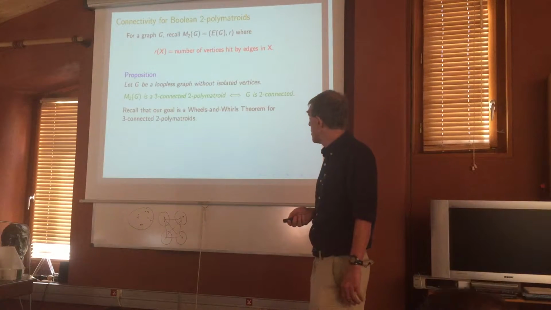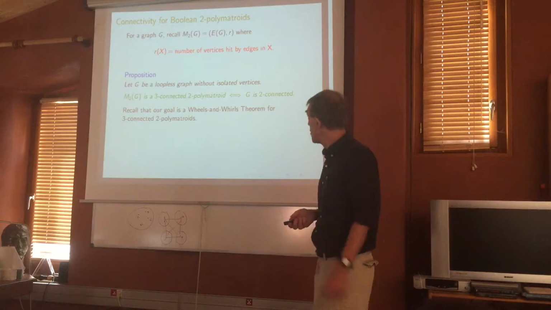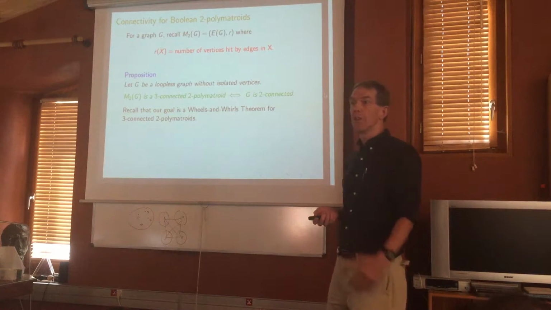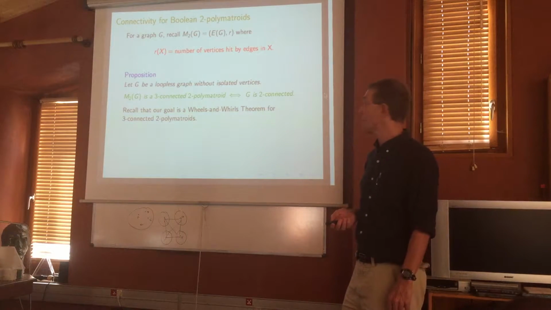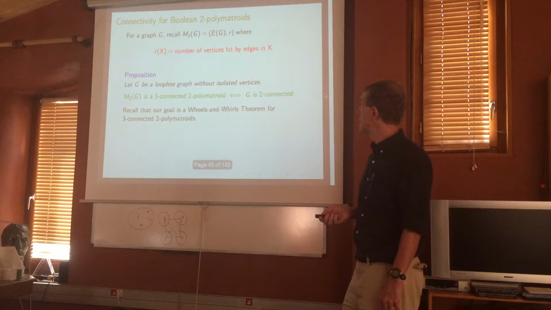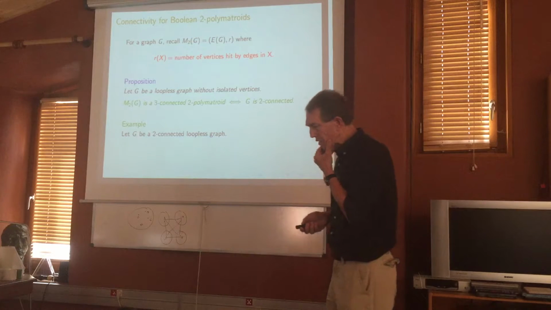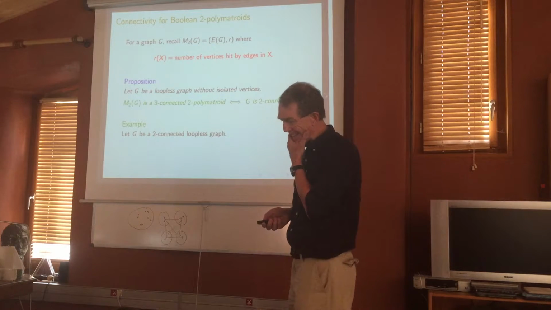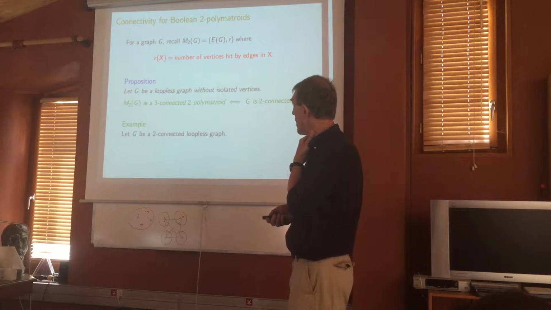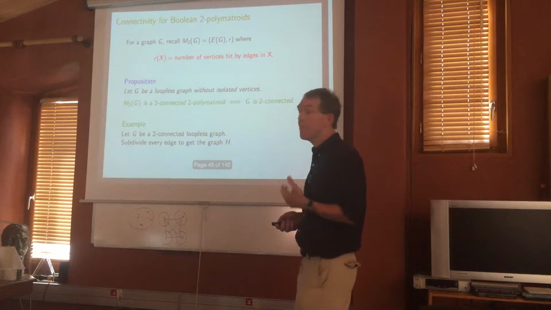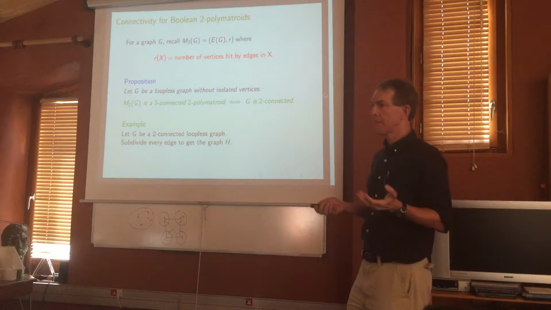So this is our goal: Whitney's and Tutte's wheels and whirls theorem. We really want an inductive tool for dealing with three-connectivity for these structures. This is an example that shows you where things start to get nasty. I'm just going to take a nice two-connected loopless graph, and I'm going to subdivide every edge. That's fine.